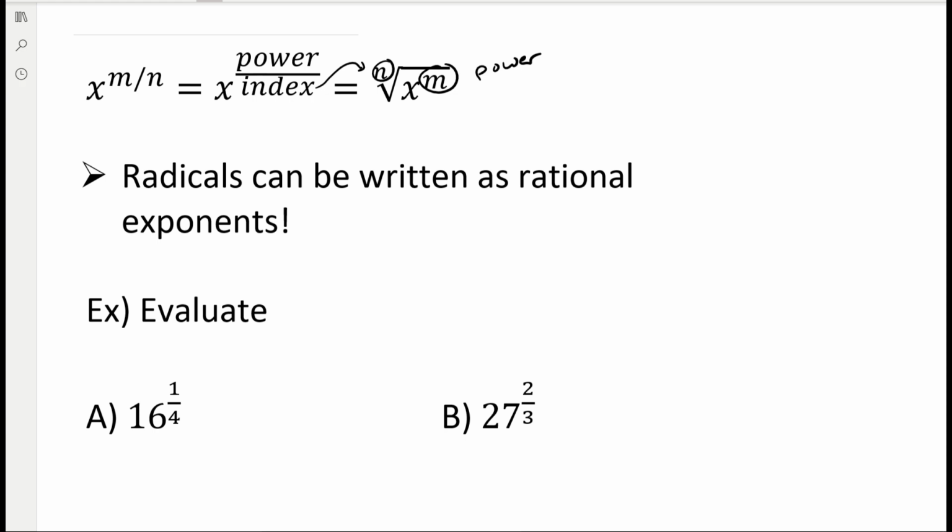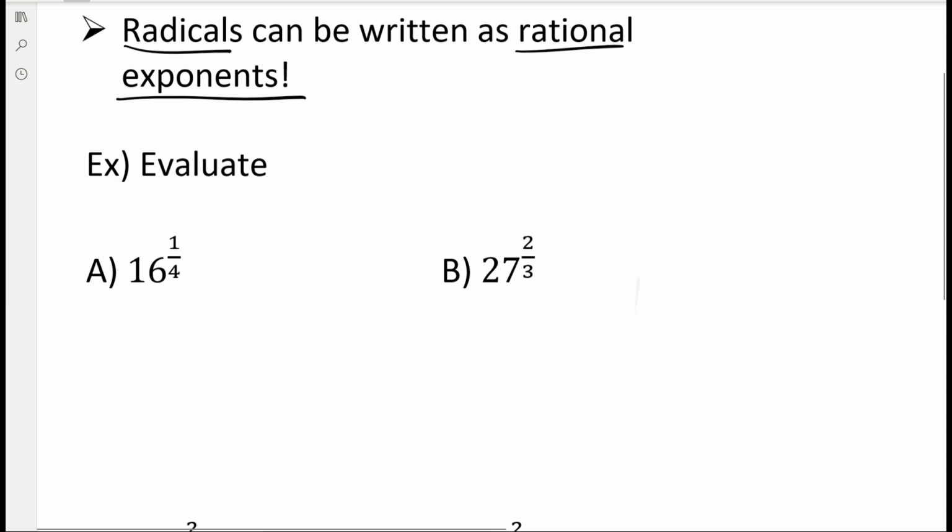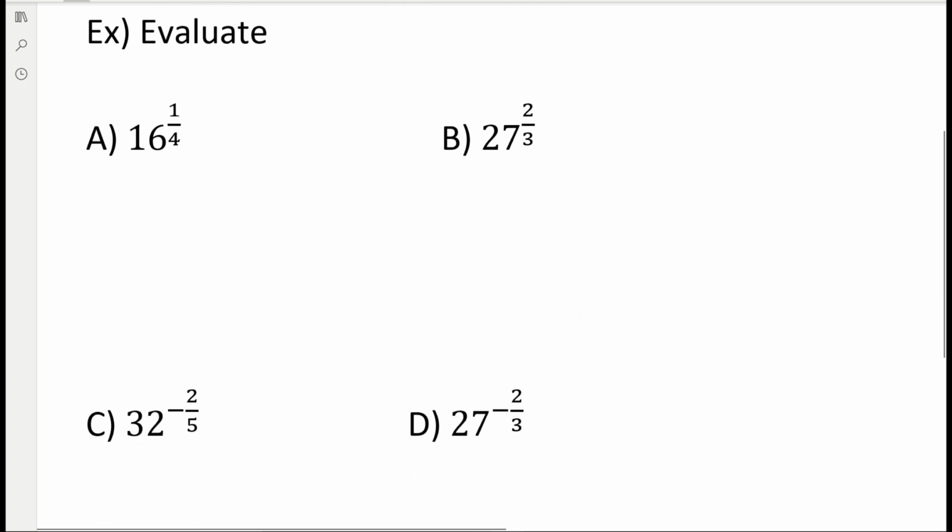So now, again, like we said, radicals can be written as fractional exponents. That was the main key here. So let's go ahead and evaluate these examples. So let's say we wanted to do 16 to the 1/4 power. Well, again, now we know that a fractional exponent can be simply written as a radical. So this is my power. Remember, power over index.